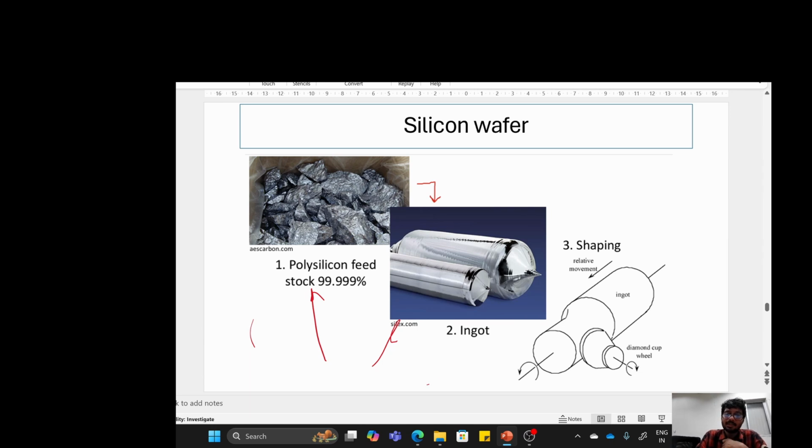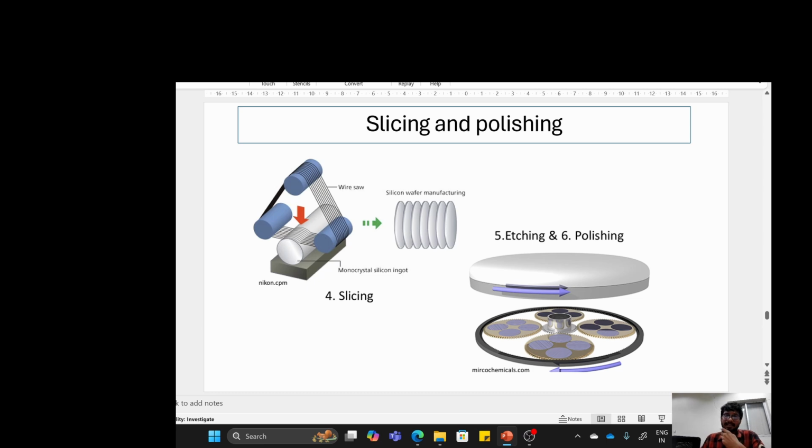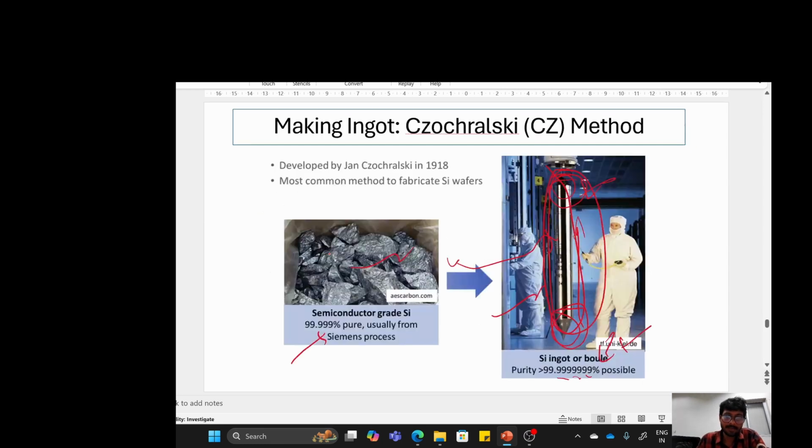Then you do shaping to the desired size of the wafers, and slicing, which is cutting these ingots into wafers, and then polishing them, like double side polished or single side polished.